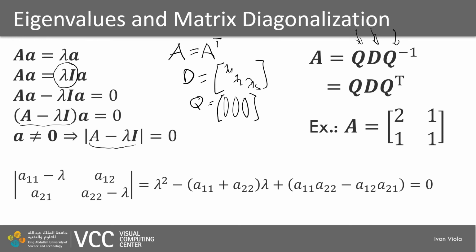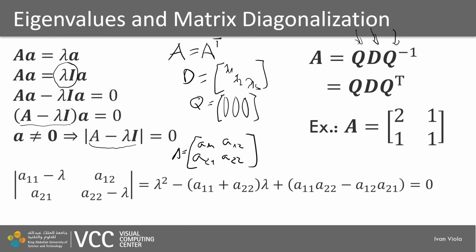So how can we calculate the determinant of such a matrix being 0? Well, for example, in the 2 by 2 case, we can represent a matrix A equals A11, A12, A21, A22. And now we are simply subtracting the lambda values from the diagonal.